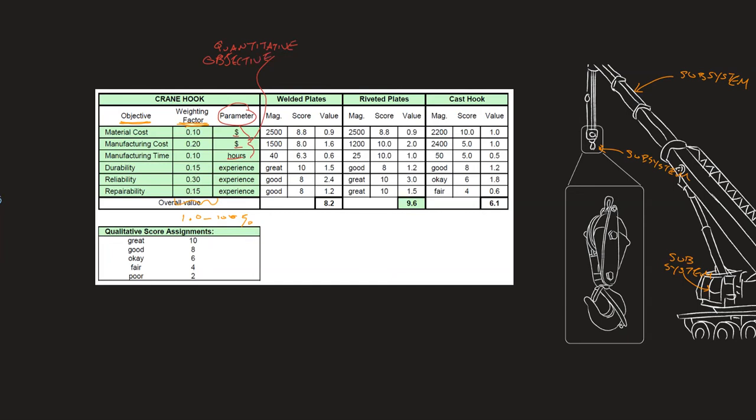So all we mean by quantitative objective is that we can quantify the value that goes in that area. Our next three are durability, repairability, reliability. These are all qualitative scores.